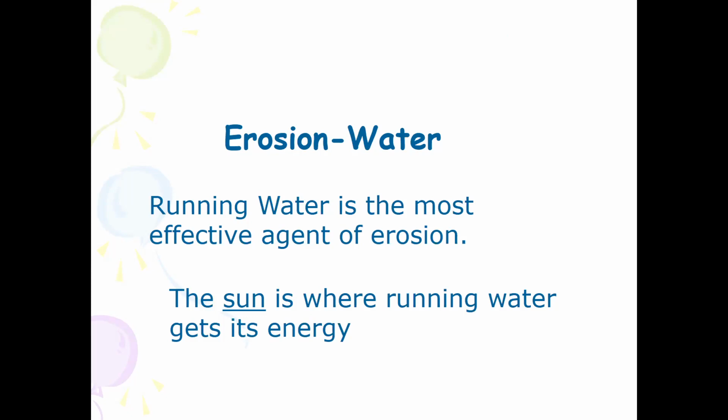But the water falls out, gets into the ground, hits the groundwater, eventually makes its way out to the ocean, and the cycle repeats itself. Because of that constant cycling, because of that constant evaporating, raining, water has the biggest effect on the surface of the earth.